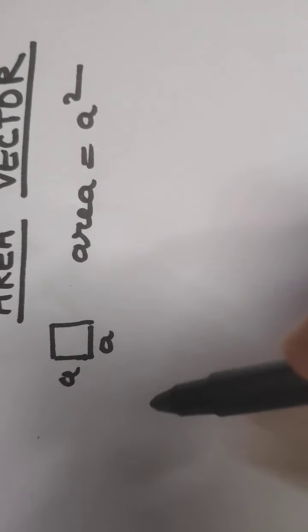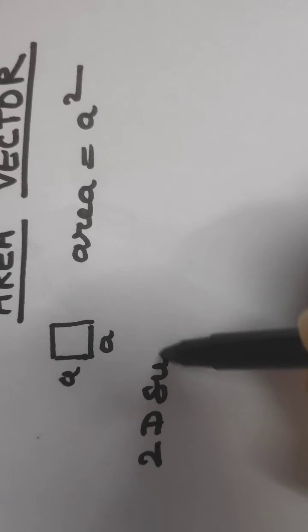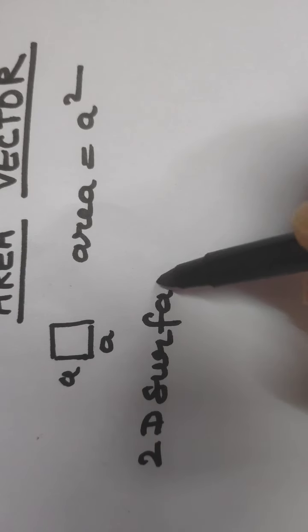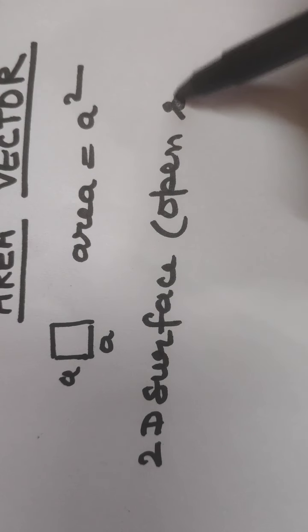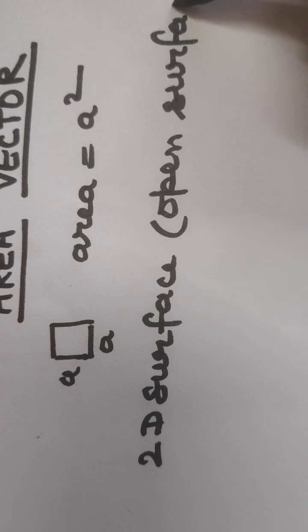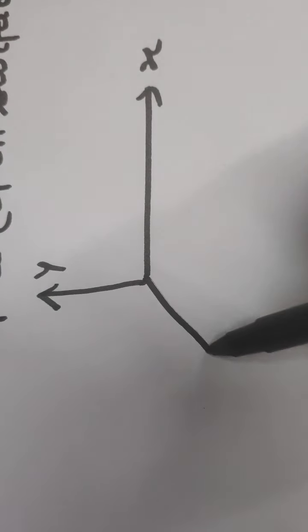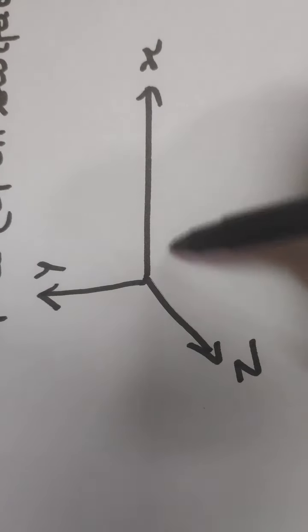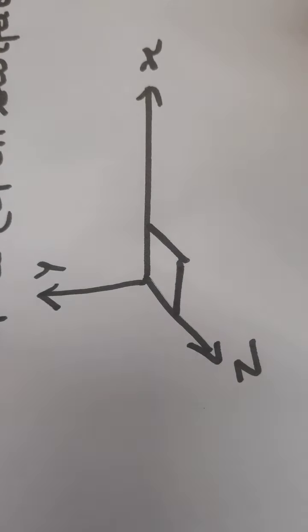Okay, suppose we take a 2D surface, and that is also called an open surface. So in an open surface, suppose we consider coordinate x, y and z axes, and we consider an area like this.